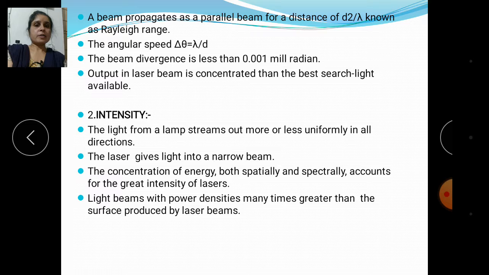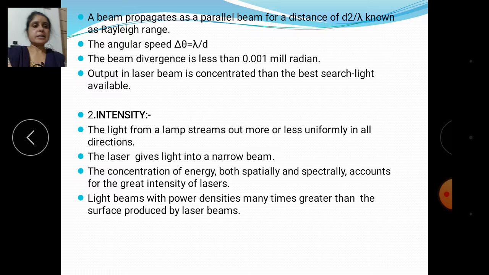The power density is many times greater than the surface produced by a lamp. The high intensity laser beam can carry directional information over very long distances. The laser beam travels in straight directions. So in this way we studied the intensity of the laser.